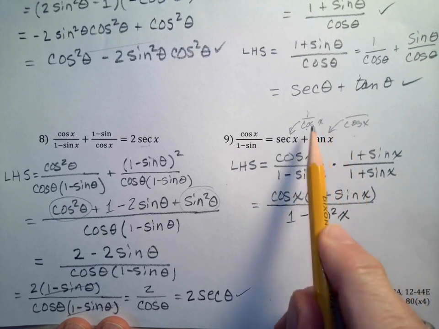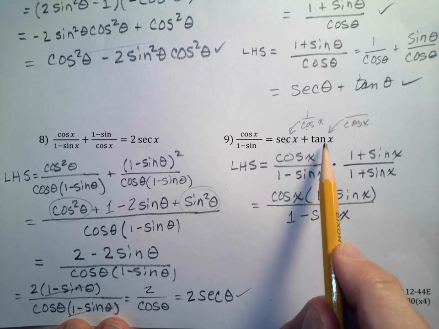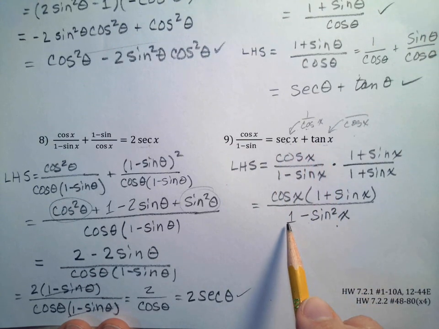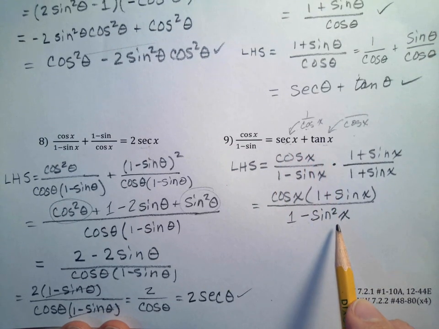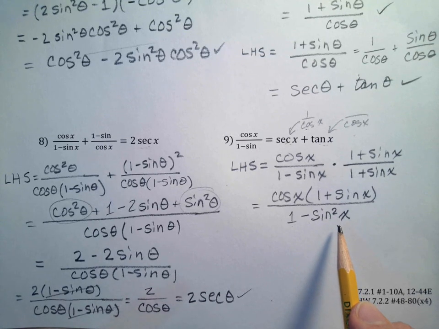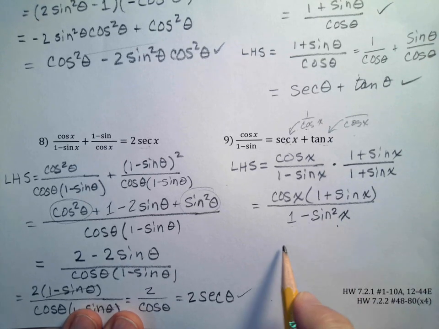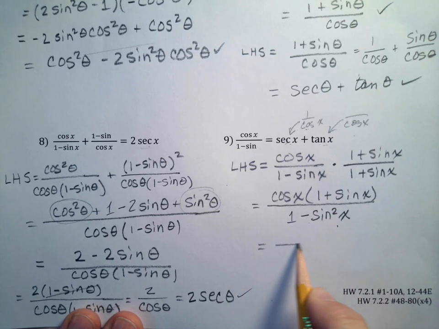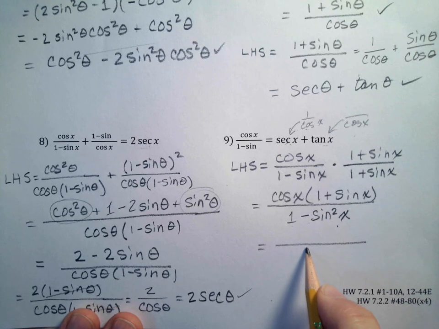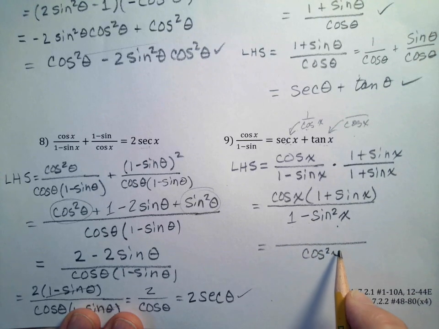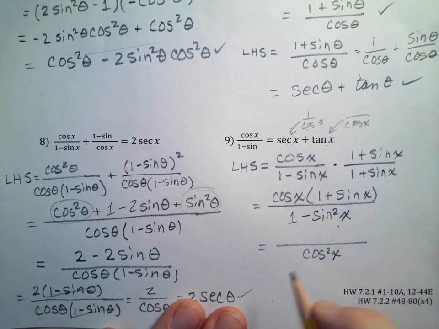Remember, I'm looking for cosines. Both of these have cosines in the denominator. Well, 1 minus sine, that's a version of the Pythagorean theorem. So I could replace that with cosine squared x.